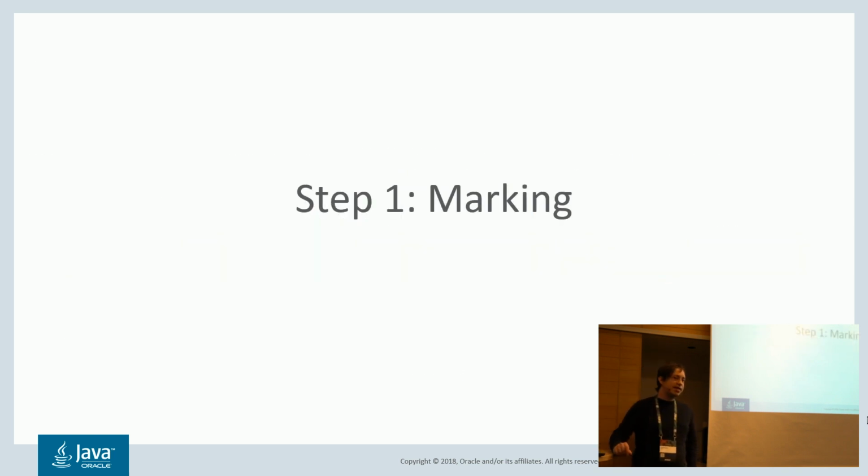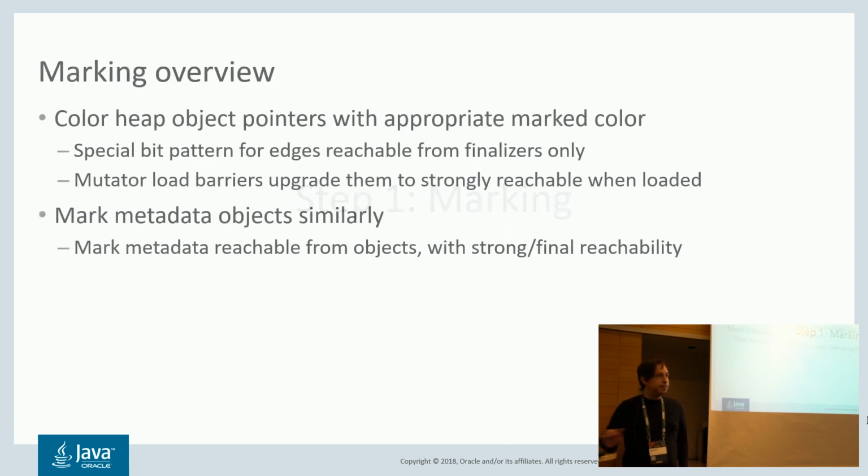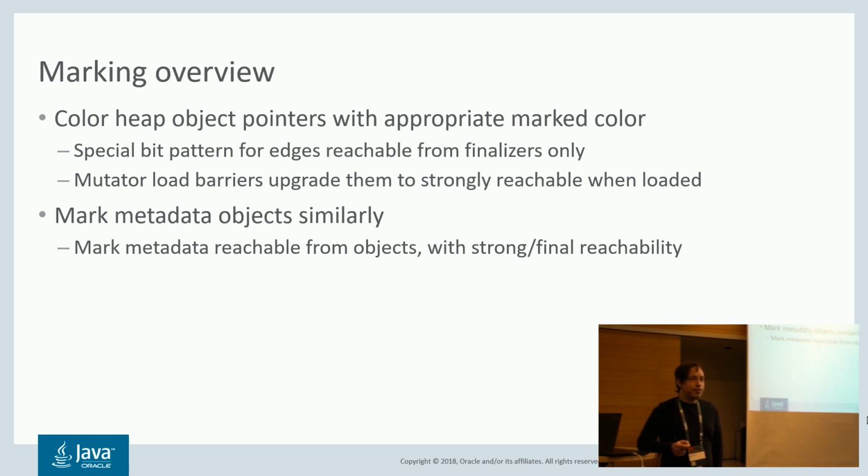So the first step, let's look a little bit deeper into that, marking. We have colored pointers, and that means that the GC phases are tied to a specific color of the pointers. And when we're marking things, we have a particular color that we want the pointers to have to mark them as strongly reachable. We also have a particular color for things reachable through finalizers.